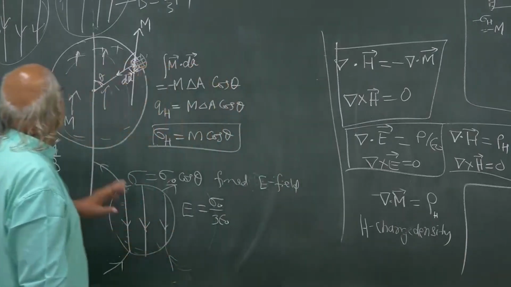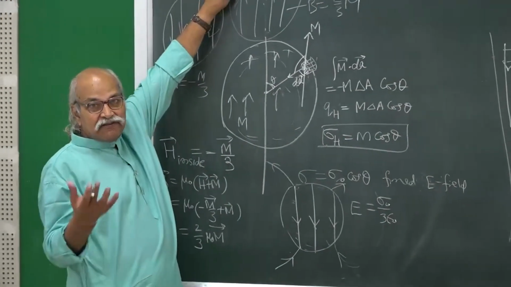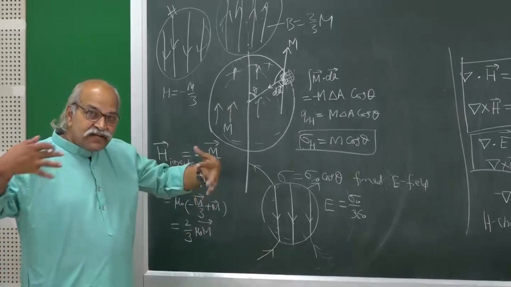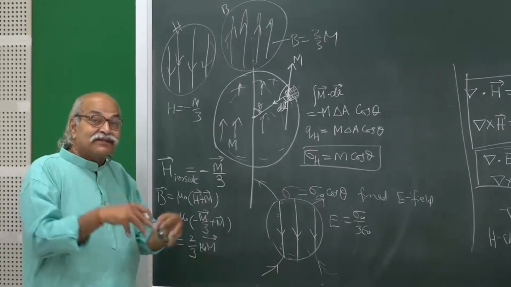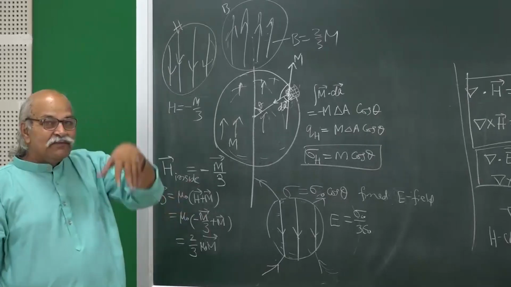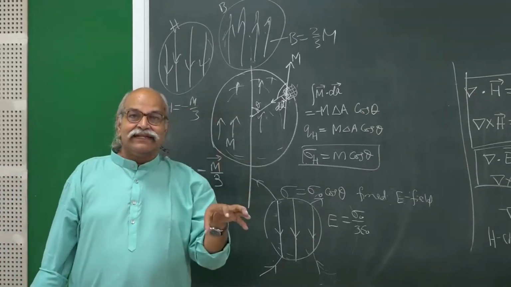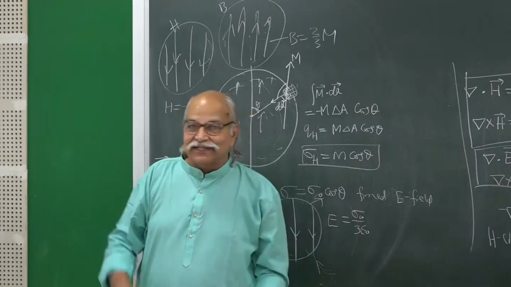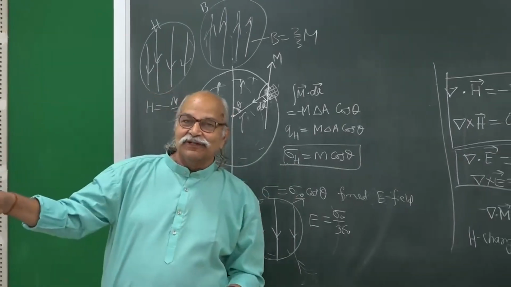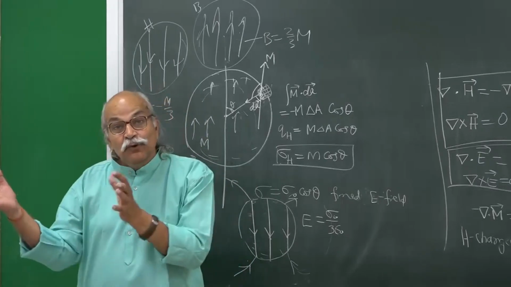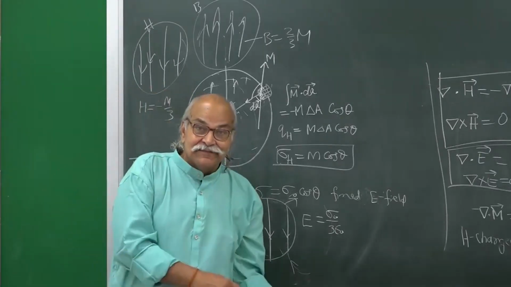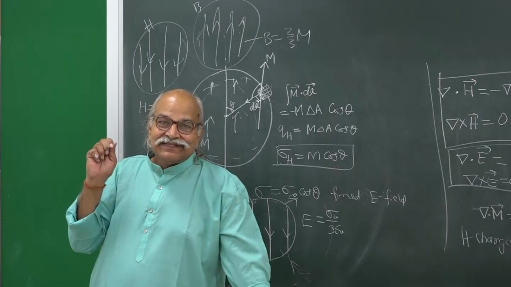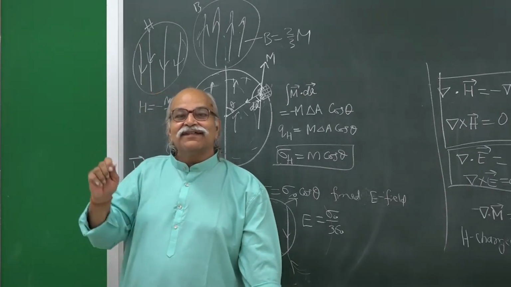The B field is real, the magnetization is real, but then we construct a mathematical quantity H, which is B by mu naught minus M. We find that this H has very good properties: the divergence of H is something, the curl of H is 0 if there are no free charges, and therefore we can use this electrostatic analogy.